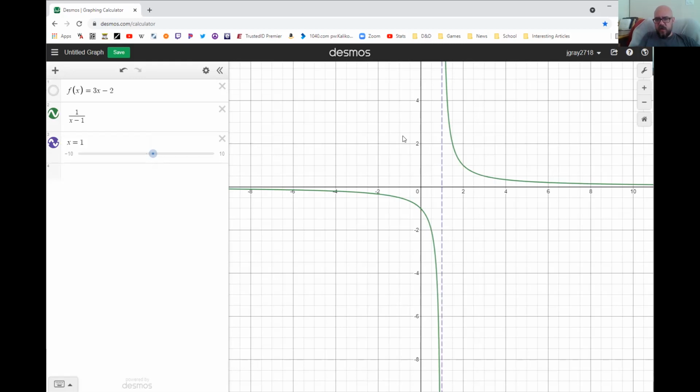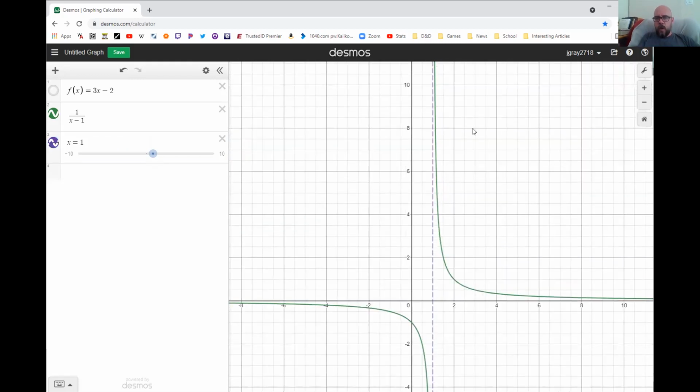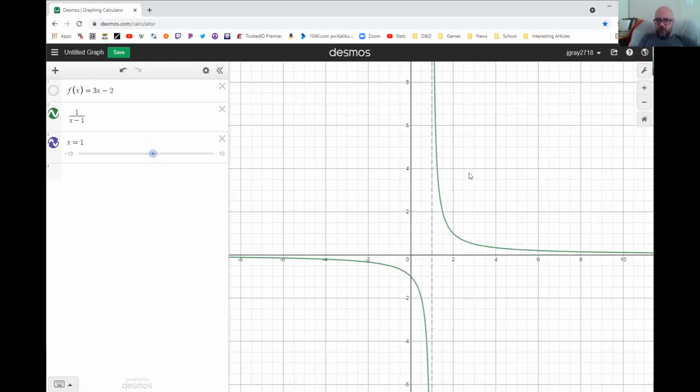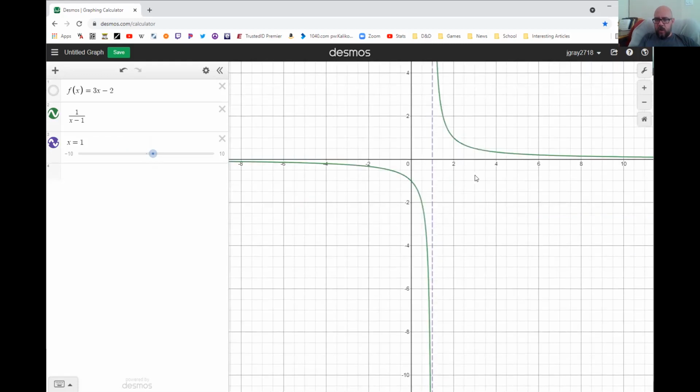There's a hole here. This function never gets to x equals 1. There's a gap here. And that's what a hole in the domain means.